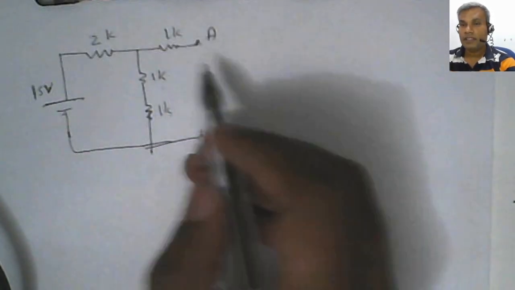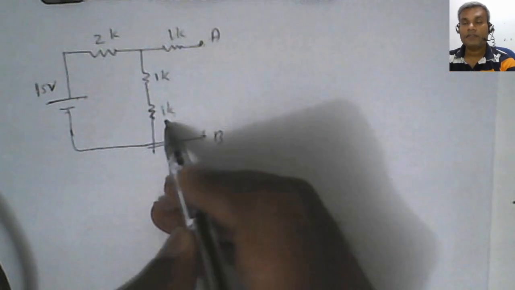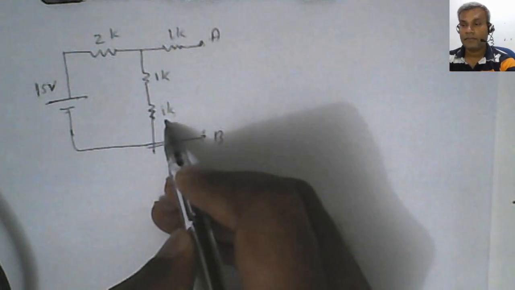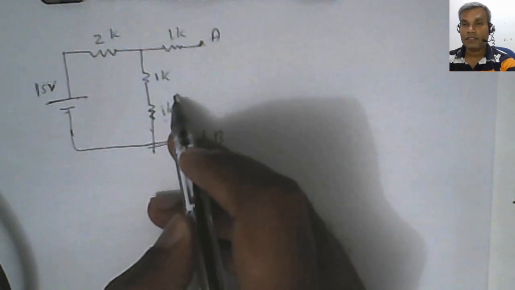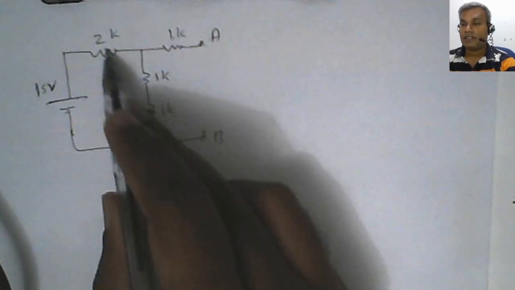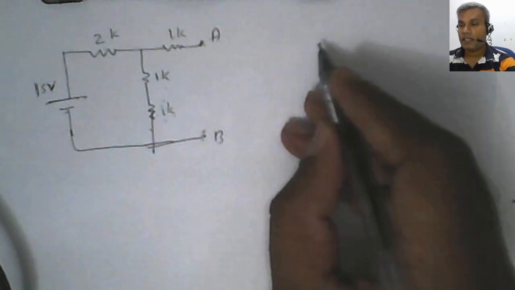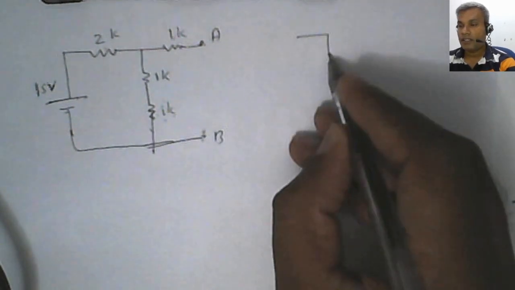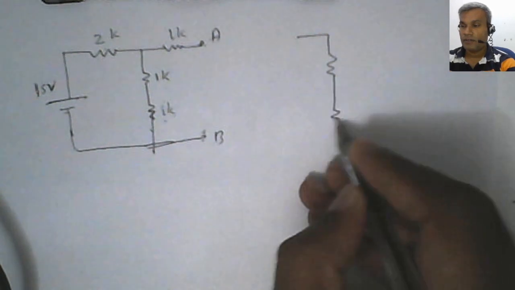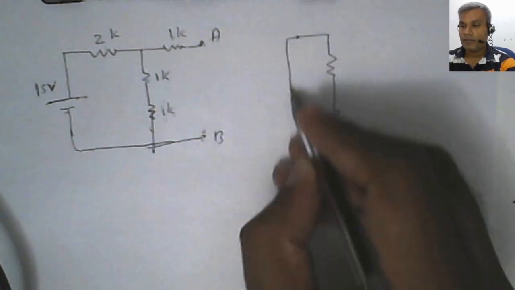Now you can see this 1K resistor and this 1K resistor are in series. So instead of this, I can replace them by a single 2K resistor. And this 2K resistor and this 2K resistor will be in series. So I can redraw this circuit something similar to this.